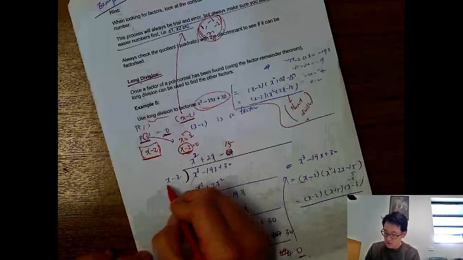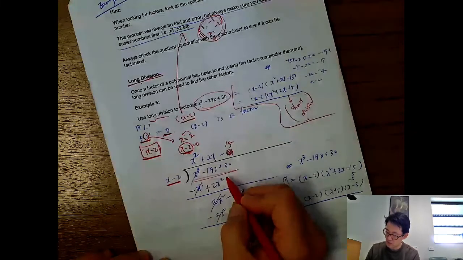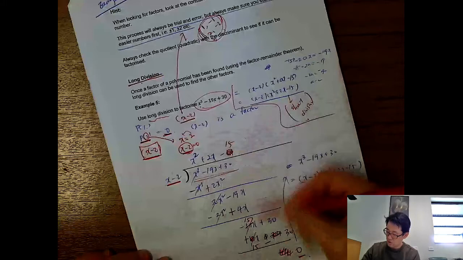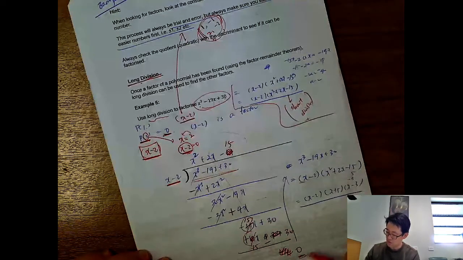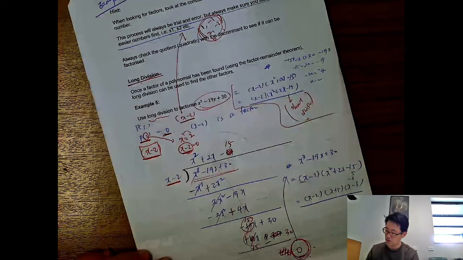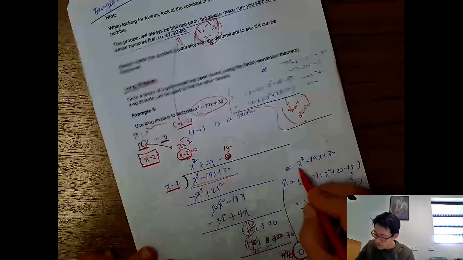Okay, x cubed minus 19x plus 30 divided by x minus 2. You do it. I made mistakes over there, but all the way through you should get 0. Okay, that's a factor. Then I can write it down.